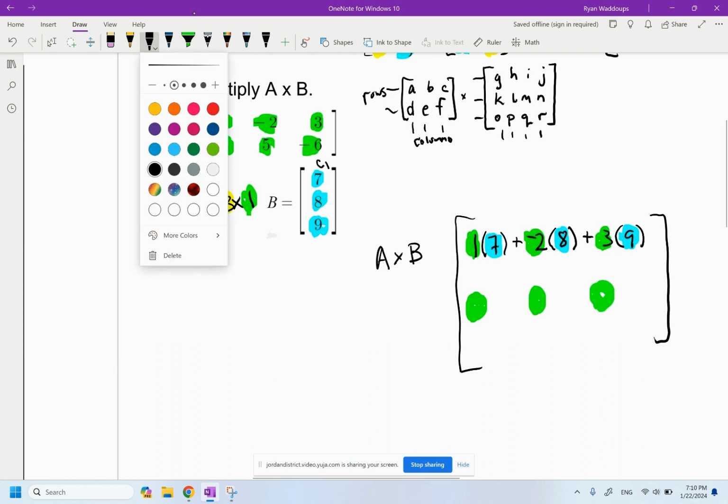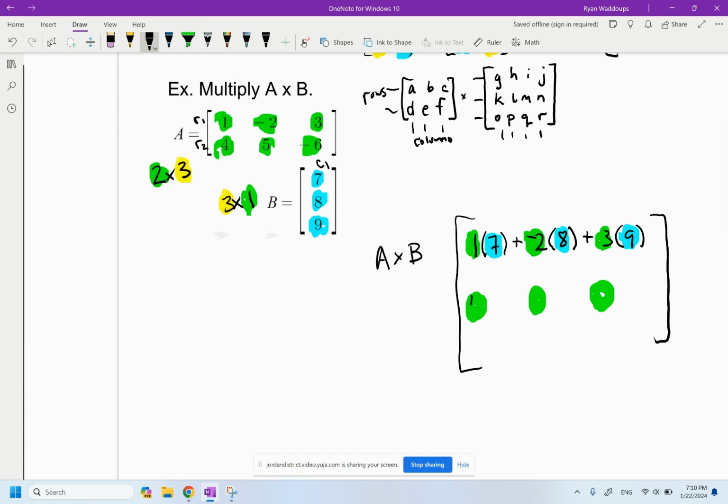So this will be 4 times 7, added to 5 times 8, and added to -6 times 9.